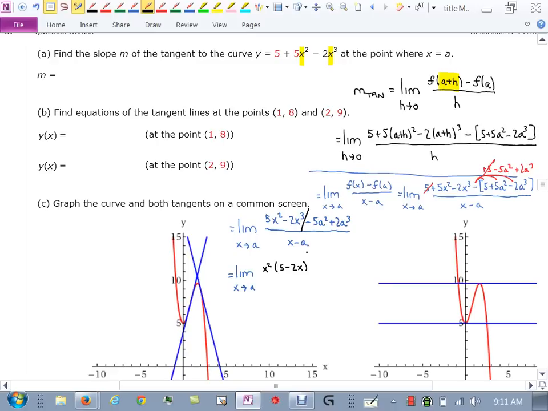And then from the second 2, actually, let me pull out a negative a squared, and I will be left with a 5 plus 2a, all over x minus a.